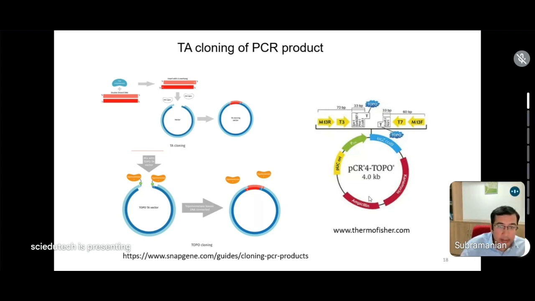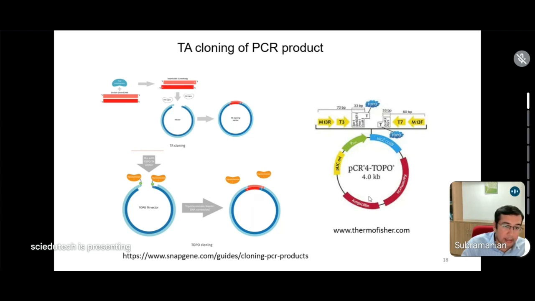So shown here is the TOPO vector. As I said earlier, the TOPO vector has all the features of a vector that are required, like the origin of replication, the selection marker, and LacZ. And there is this enzyme, topoisomerase, which is cleaved off when your insert comes in.